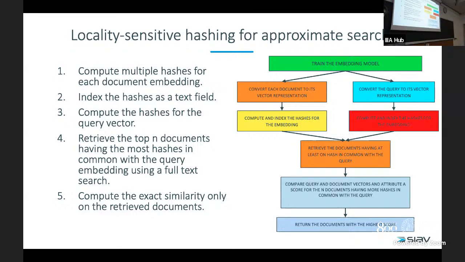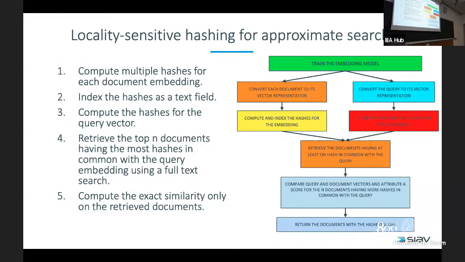So this is a good approach, because while earlier the computational cost of our query was linear with the amount of documents stored in our index, because we would have to compute the similarity between our query embedding and each document embedding, here the cost becomes constant, because we compute the exact similarity only on n documents, which are the top n documents returned by the full text query on the hash field.